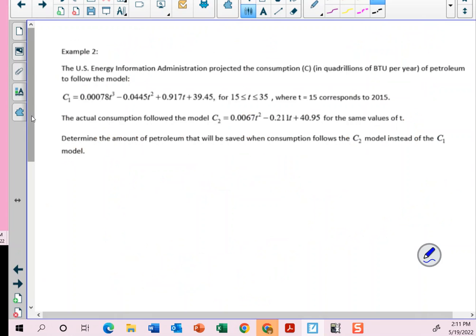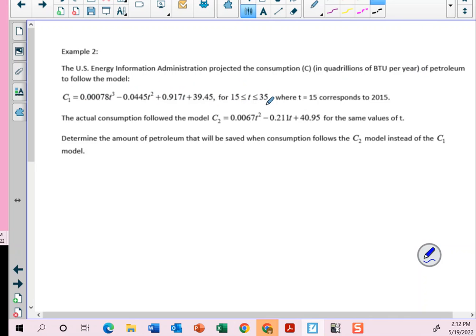So, two to try. I'm going to give you like 15 minutes and then we'll do them together. This is the same kind of concept, very similar in nature to these problems. In this case, it's consumption of petroleum. There's a particular model for consumption of petroleum.